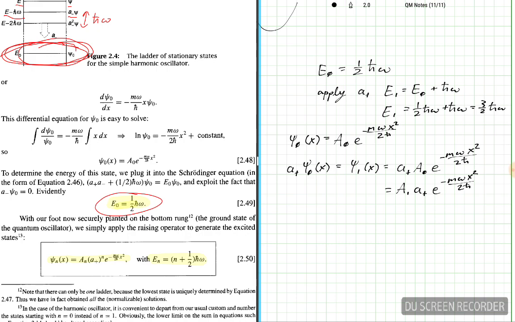Each energy has to be normalized. So if I extrapolate that out to psi n, I do that n number of times, I get normalization An. I get A plus raised to the n power, however many ladder operators I do, times e to the all this guy.